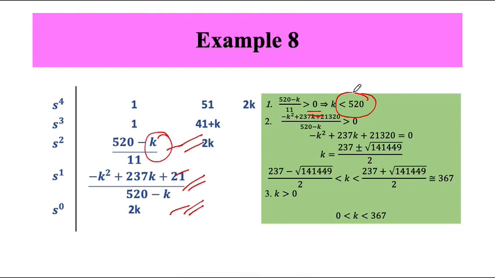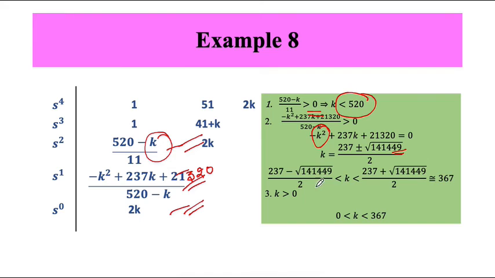Okay, the second condition is (minus K square plus 237K plus 21) by (520 minus K), and this should be greater than 0. So for that I will put my numerator equal to 0 and calculate the value of K. So these are my two square roots.